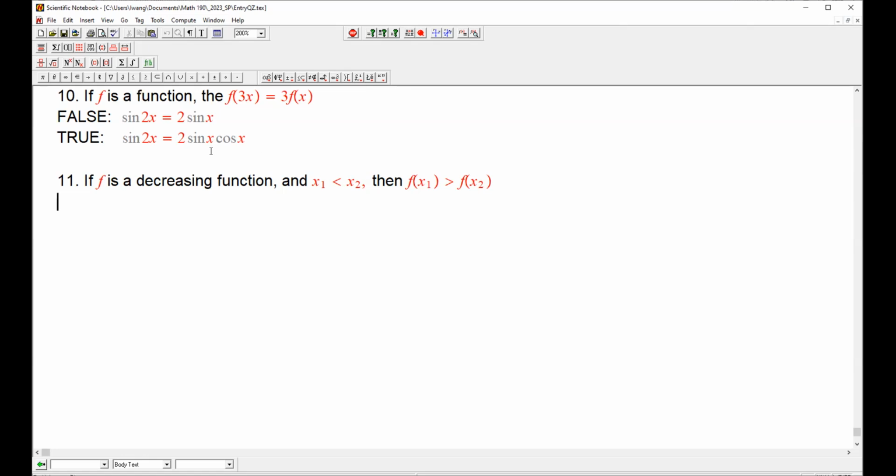Okay? This is a definition of a decreasing function.